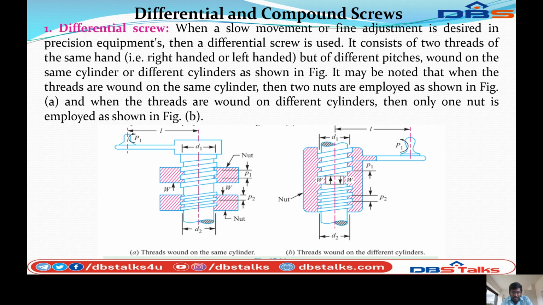P1 is the pitch of thread 1 and P2 is the pitch of thread 2. L is the distance from the center line to the end of the spindle. This cylinder rotates anti-clockwise, and it is arranged with one single nut but two different cylinders. This is the arrangement of the differential screw.